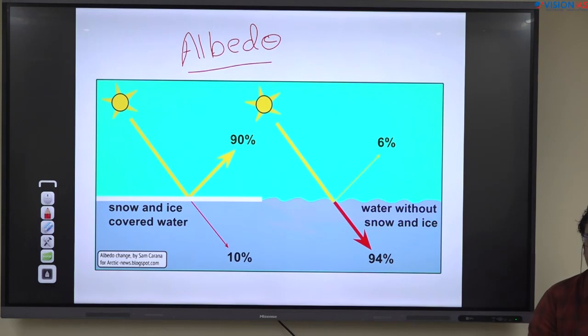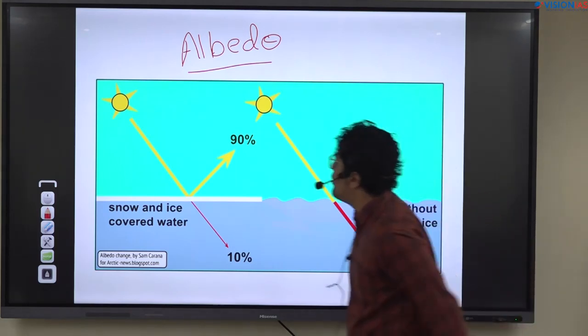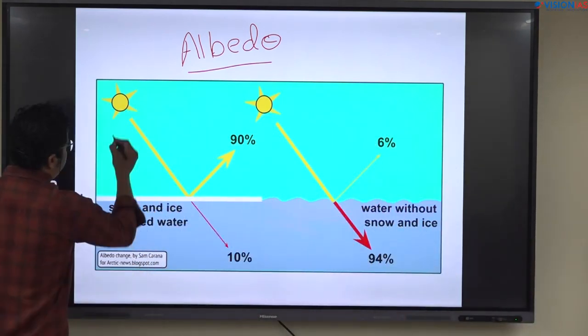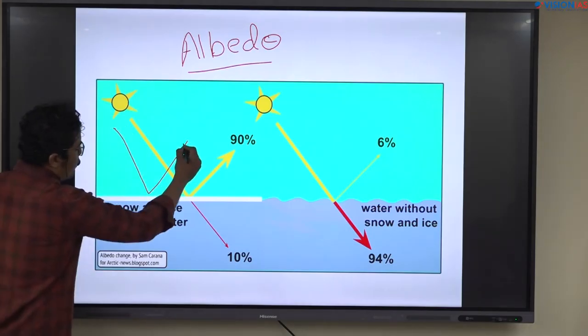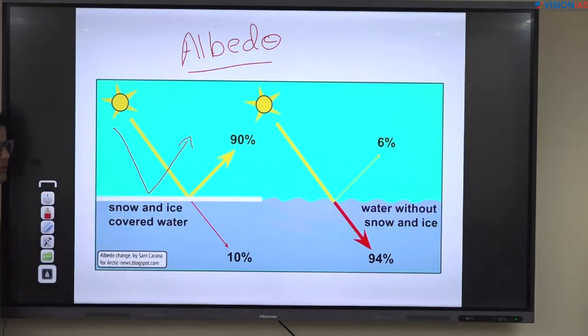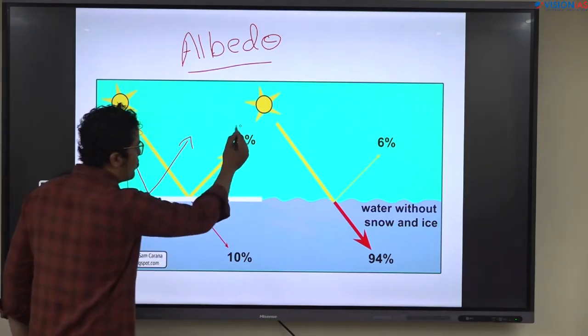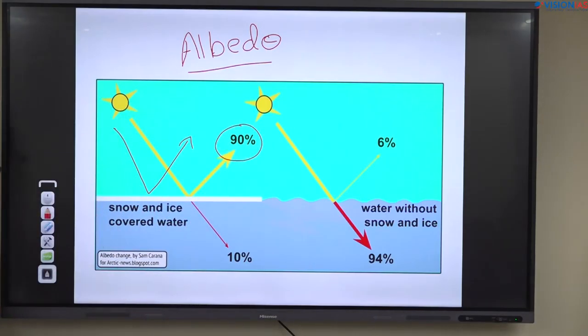Now look here. You have written that snow can reflect the radiation. It has got a good albedo. It can reflect more than 90% of the radiation.